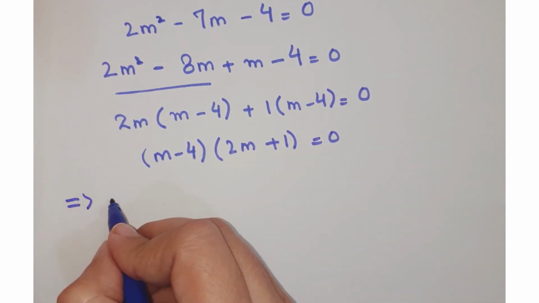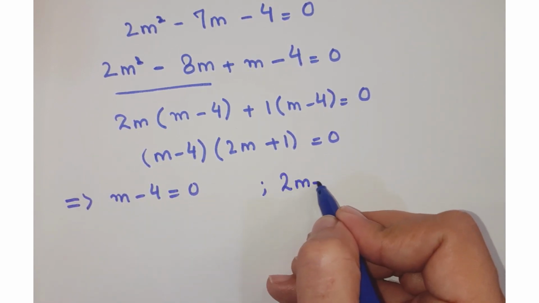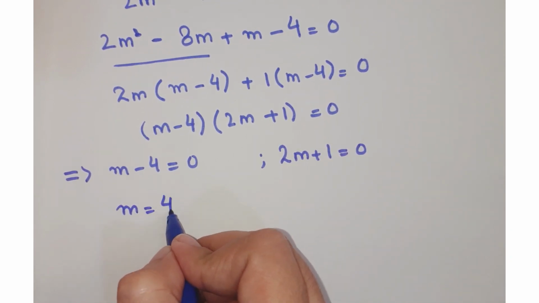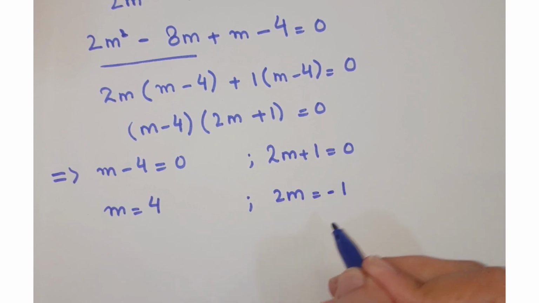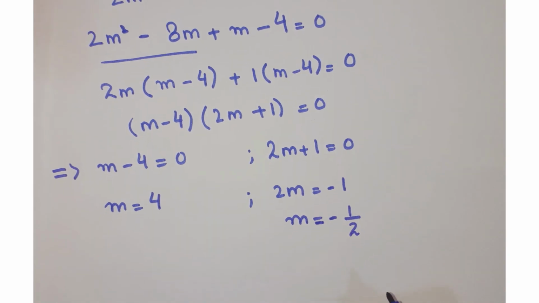So we have two possibilities: m minus 4 is equal to 0, or 2m plus 1 is equal to 0. Or you can say m is equal to 4, or 2m is equal to minus 1, so m is equal to minus 1 upon 2.